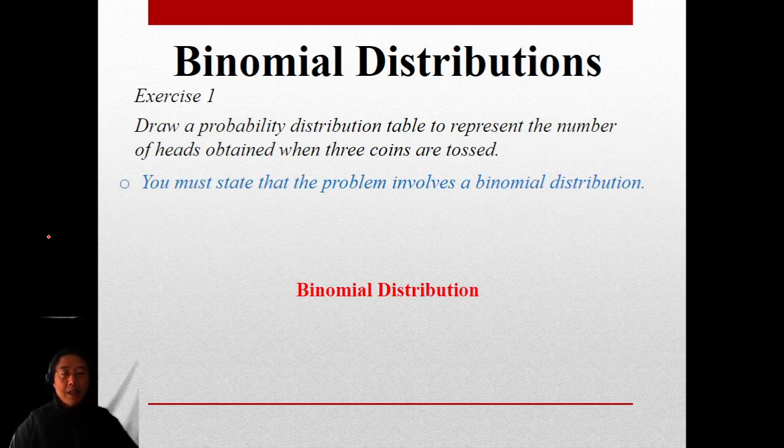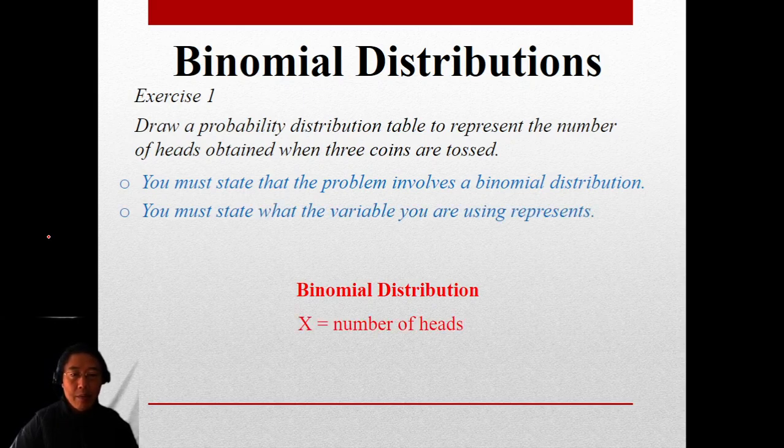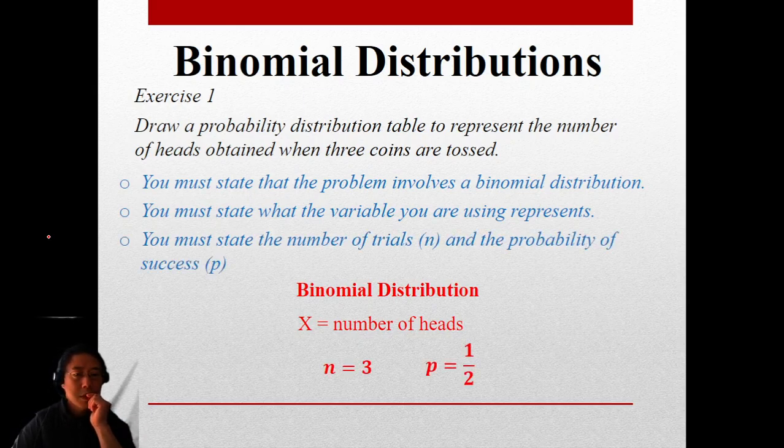First, you need to state that it is a binomial distribution. You need to also state the variable that you are representing, and then list the values for the number of trials as well as the probability of success.